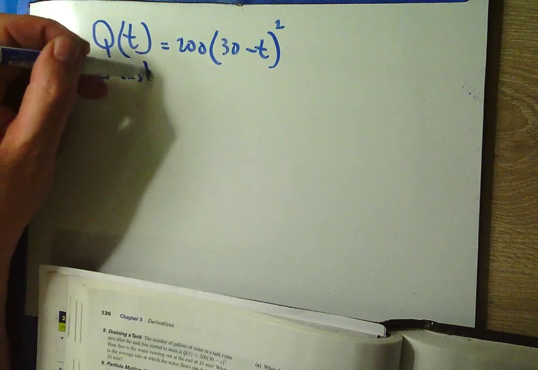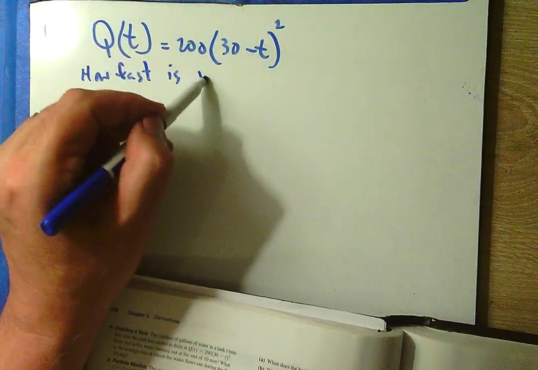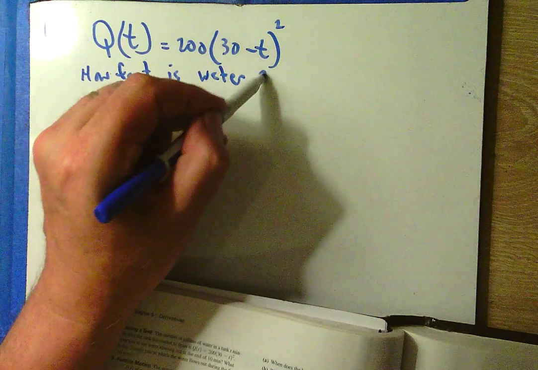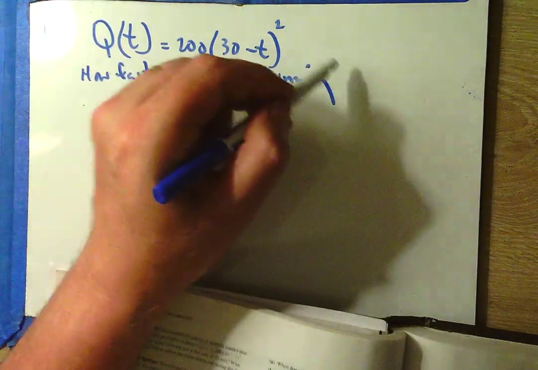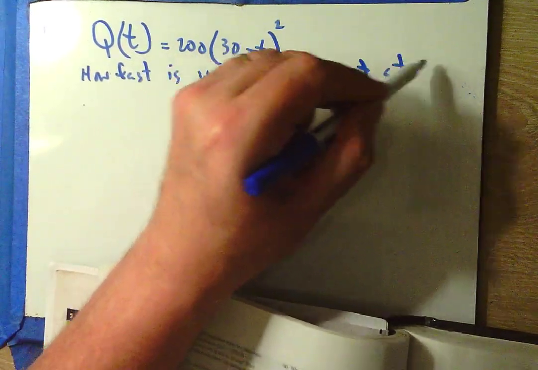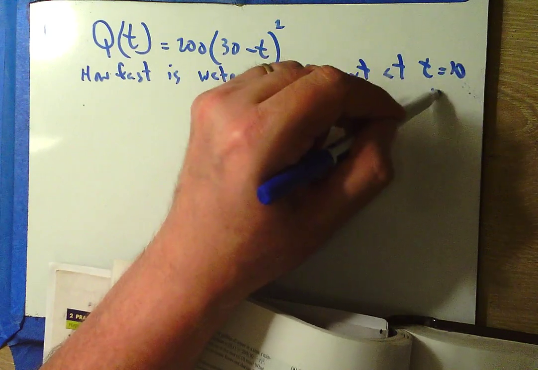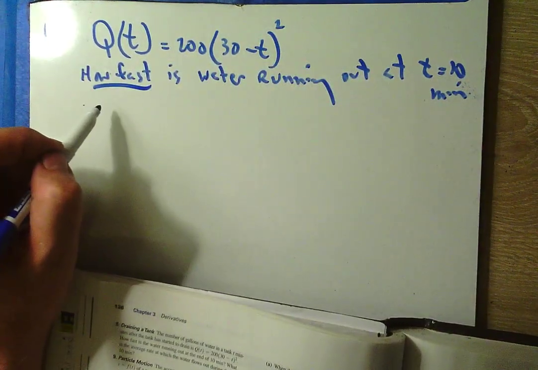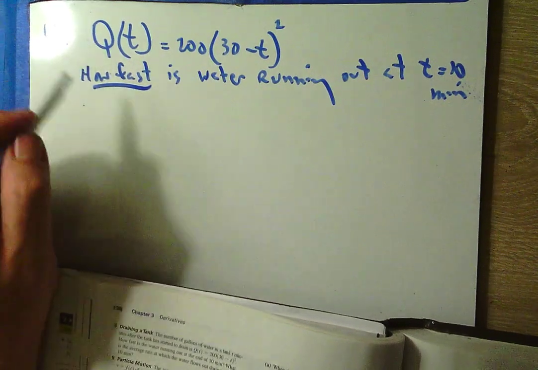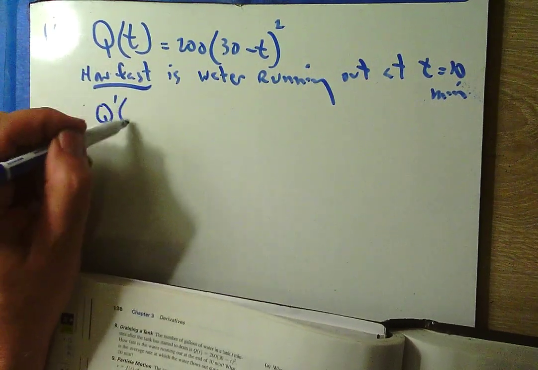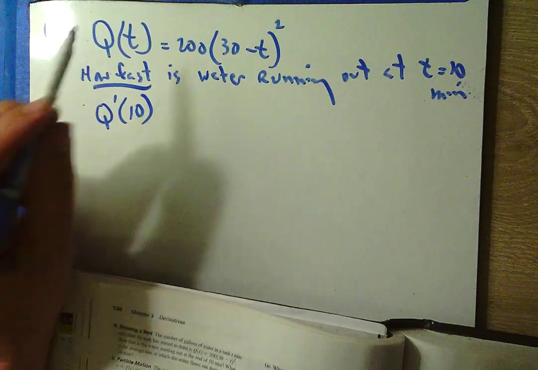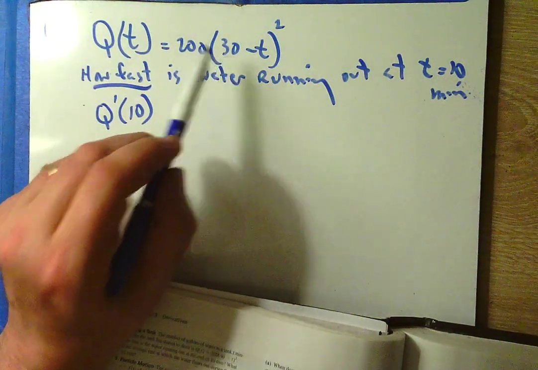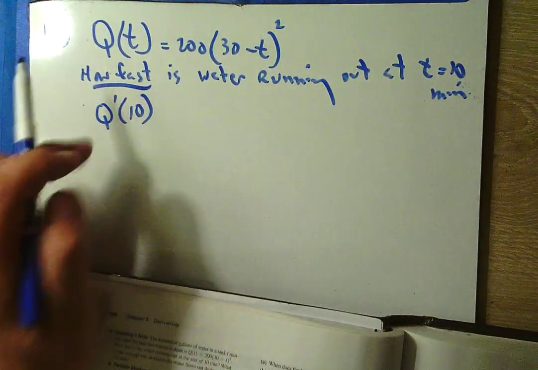How fast is the water running out at t equal to 10 minutes? Well, how fast? That's the rate of change in the amount of water. So what I'm looking for is q prime of 10, which means I need to take the derivative here, which means I need to do something with this.